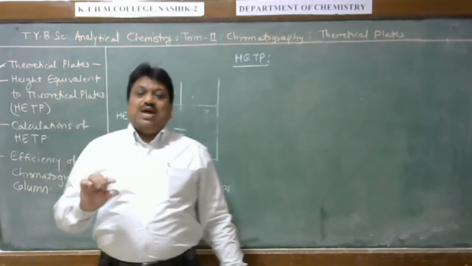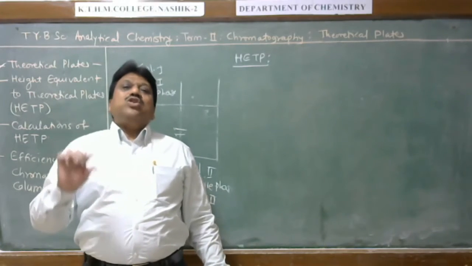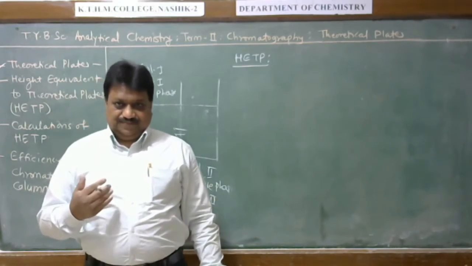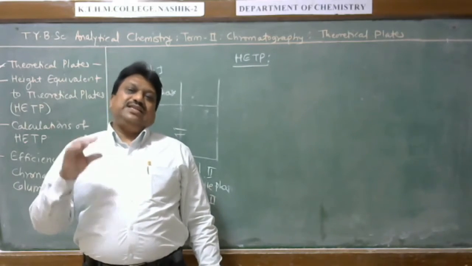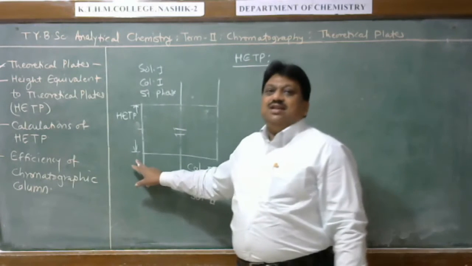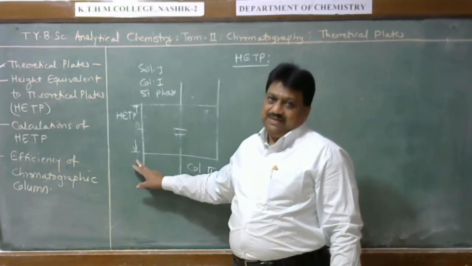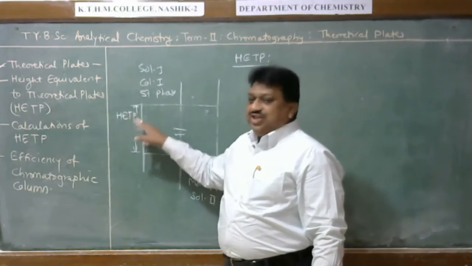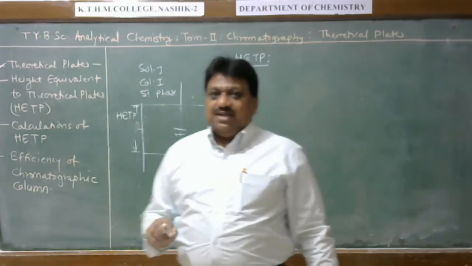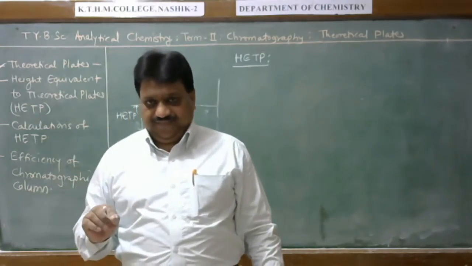If height equivalent to theoretical plate is small, then more number of theoretical plates are present in the column. And if the height of a single theoretical plate is larger, then that column consists of less number of theoretical plates. Therefore, HTP determines the number of theoretical plates present in the column.